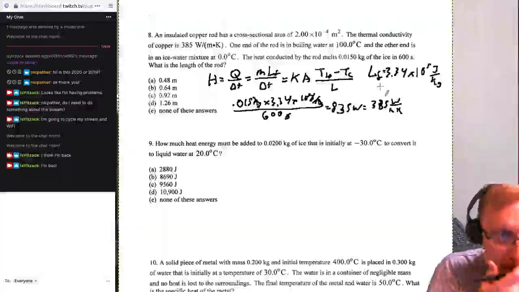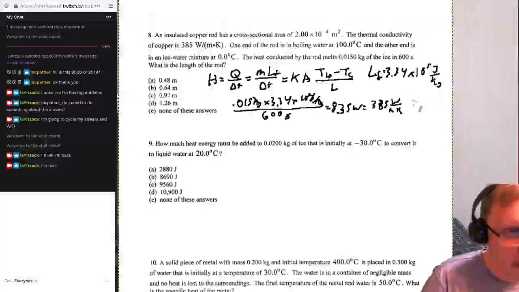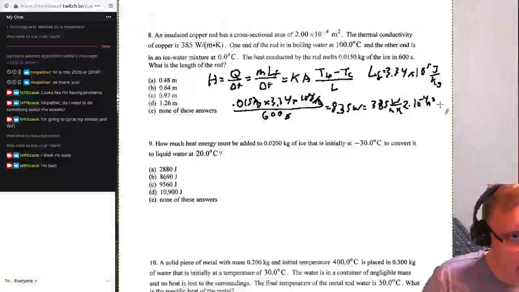Area: the area is 2 times 10 to the minus 4 square meters. And then the temperature difference is 100 Kelvin.